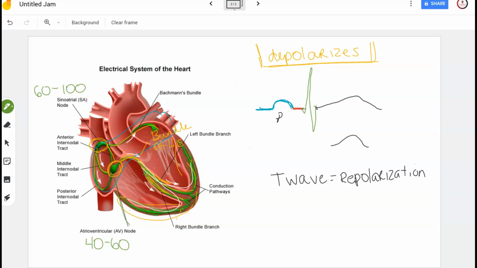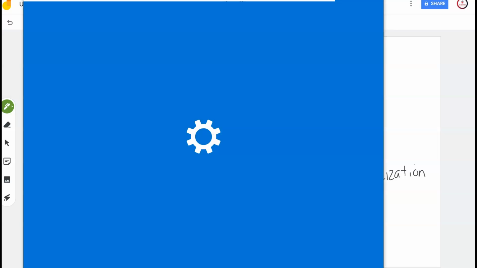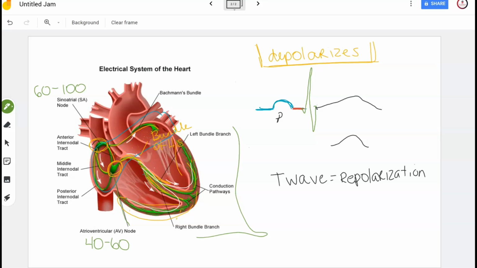Everything that's down here below has an intrinsic rate of 20 to 40. Okay? And you'll see that there's a certain level of overlap in the intrinsic rates. Your body wants to make sure that you survive, so it's going to do everything in its power to do so.